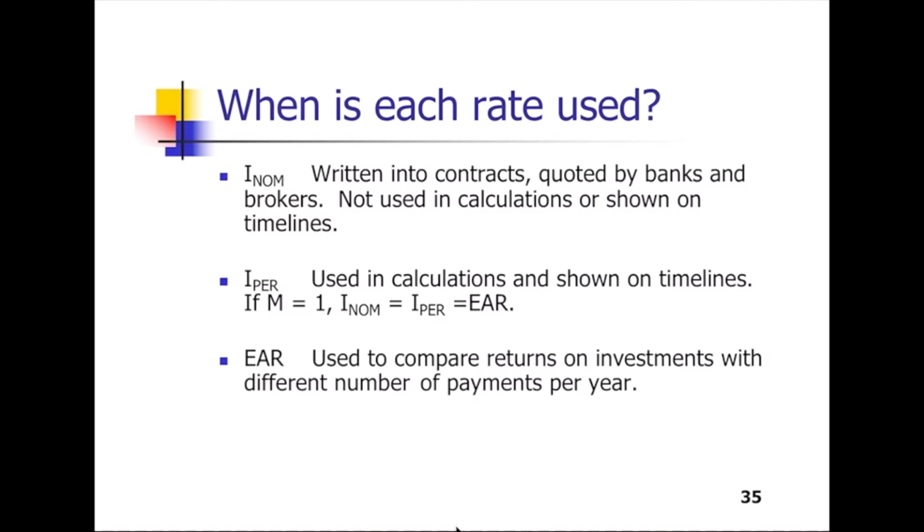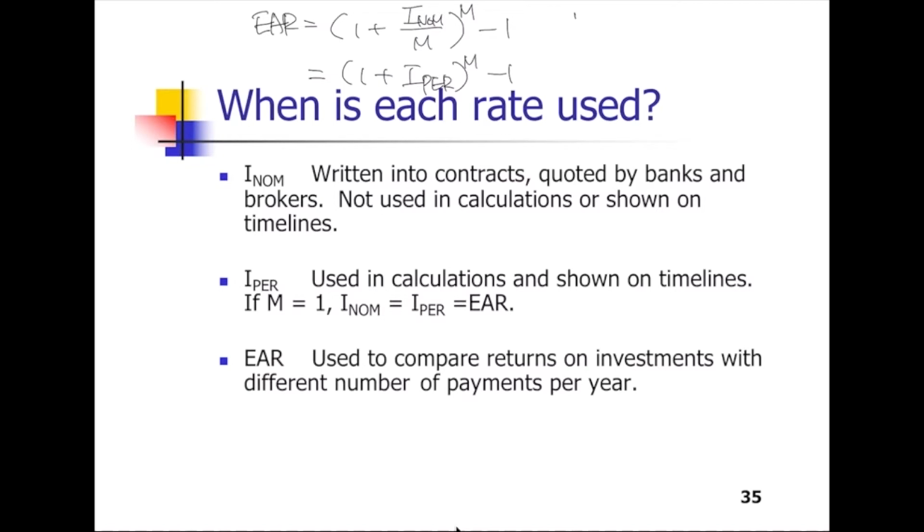Just write down the equation. EAR equals 1 plus nominal rate over m, to the power of m, minus 1, right? And it can also be written as the period rate to the power of m, minus 1.